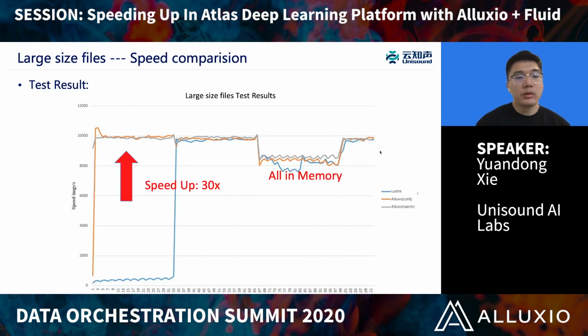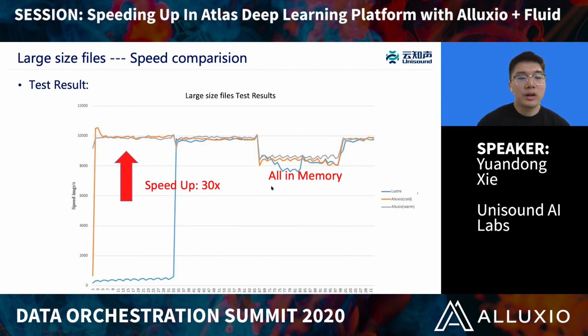In this slide, we can see reading from the prewarmed Alluxio cache is 30 times faster than reading from Lustre in the early iterations. When the LMDB file is all in memory, the speed is almost the same. And we can see Alluxio reading LMDB from Lustre is faster, and prewarm can be done when the node has no tasks.